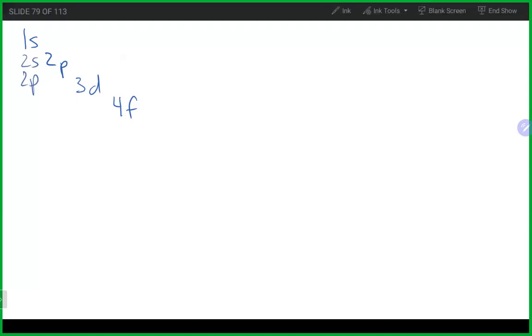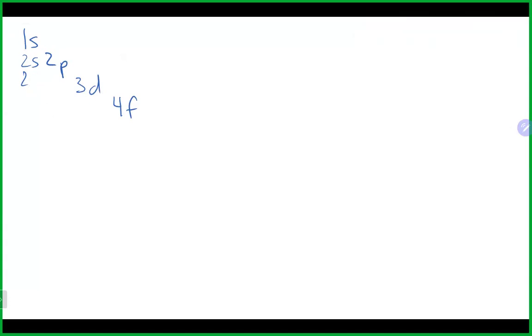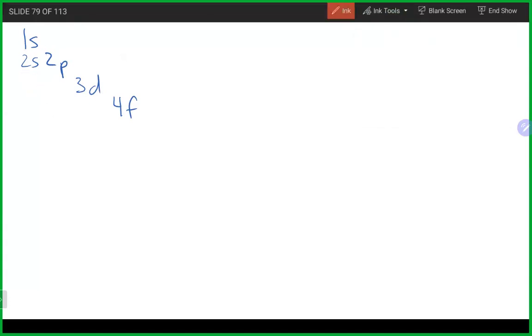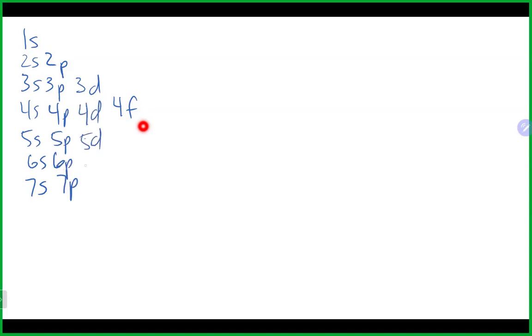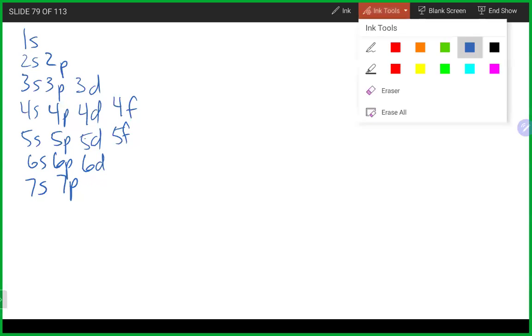So 2s, 3s, 4s, 5s, 6s, 7s, 3p, 4p, 5p, 6p, 7p, 4d, 5d, 6d, and 5f. There we go. So now that we got our order here, we also already know our hopefully 2, 6, 10, and 14.